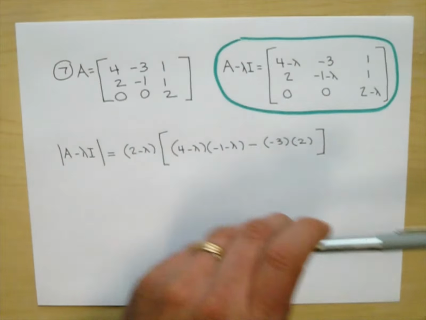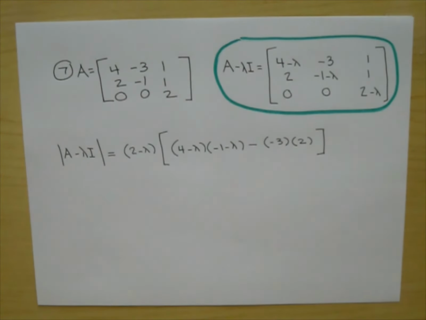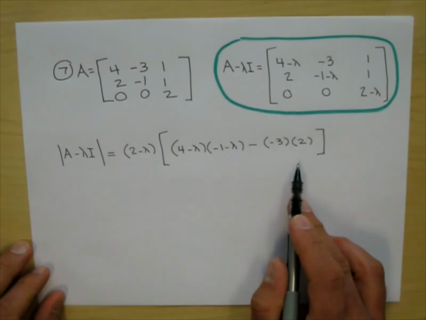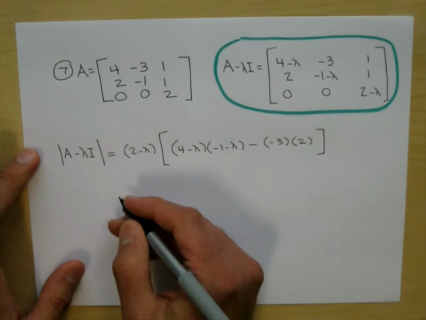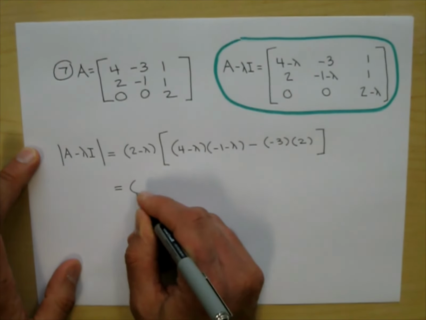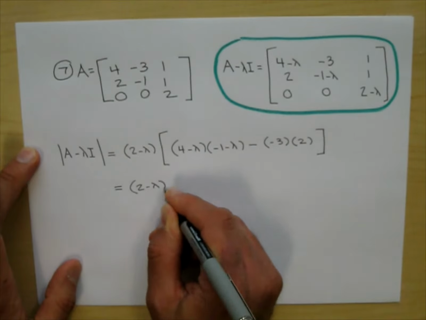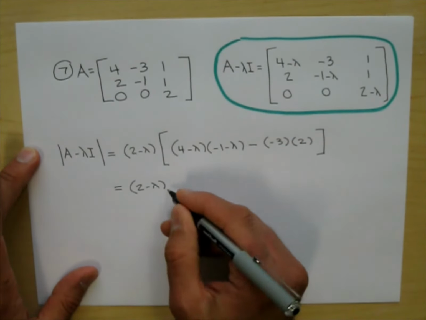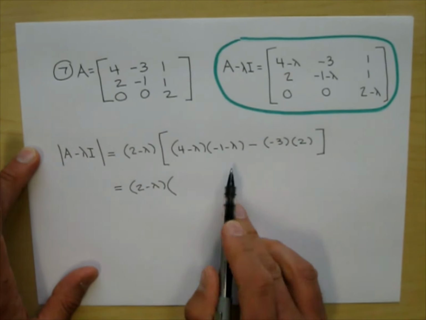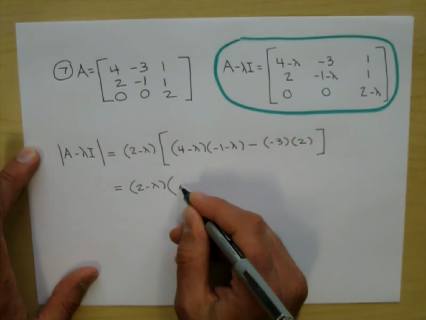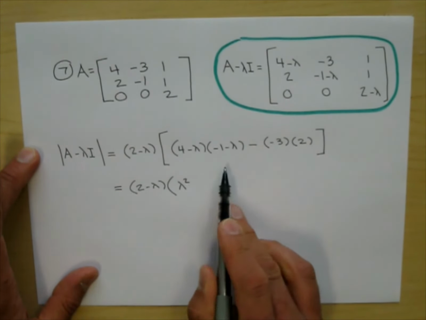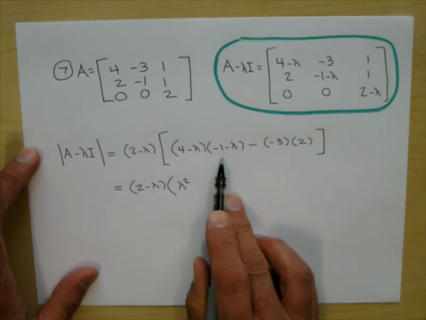Now, it's tricky because this determinant has a variable in it, variable lambda. So this is going to be some algebra here. 2 minus lambda is on the outside, and then over here I'm going to go ahead and FOIL. This is going to be lambda squared, and I'm foiling in a weird order. I actually did the last one first.